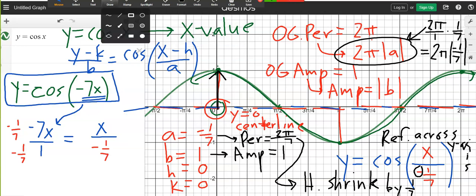Well, you're never going to notice that reflection across the y-axis. Correct. Because when we take this graph and reflect across the y-axis, it's going to stay exactly the same. I mean, you'd have a point here that would reflect across here and a point here that would reflect. It would look exactly the same. Exactly.